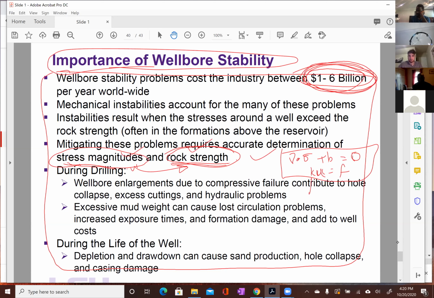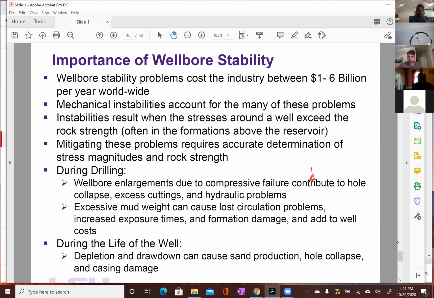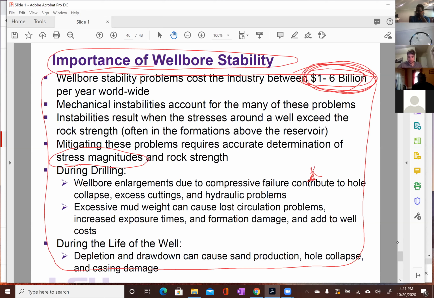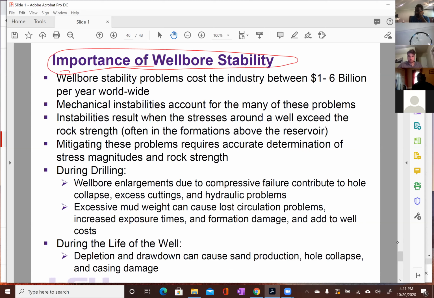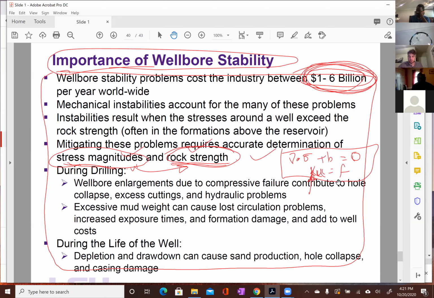Your material properties, the elastic moduli, will go into K. And using geomechanics coupled with mechanical earth modeling, you will be able to predict when you're going to have breakouts, and when you can have sanding issues and formation damage. All of these you can predict and avoid.